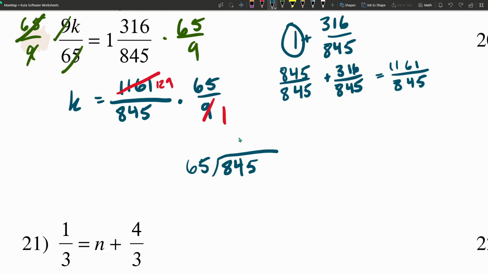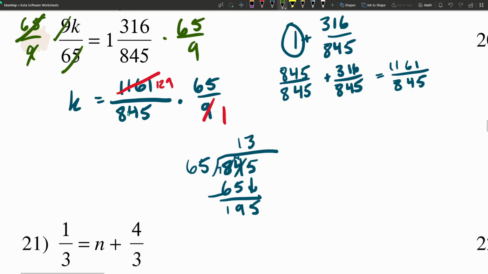So 65 I know goes into 84 once. So if I subtract 65, 84 minus 65, 14 minus 5 is going to be 9, 7 minus 6 is 1. So that's 195. 65 goes into 195 evenly 3 times, because 65 times 2 is 130. 130 plus 65 is 195.